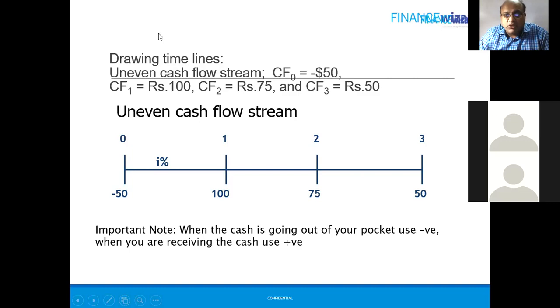Whether the cash is going out for expense or for investment, that should be negative. So if you are investing money immediately, the present value will be negative. And if you are investing money every period, then PMT will be negative.